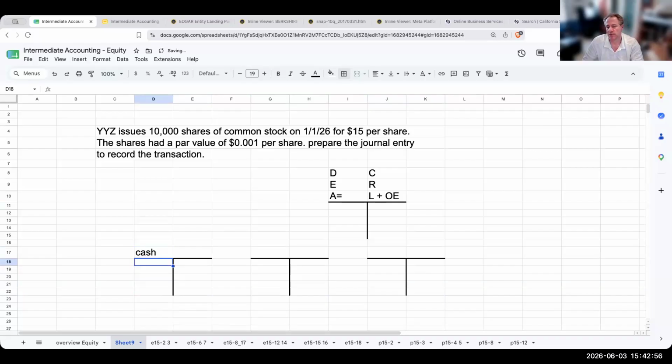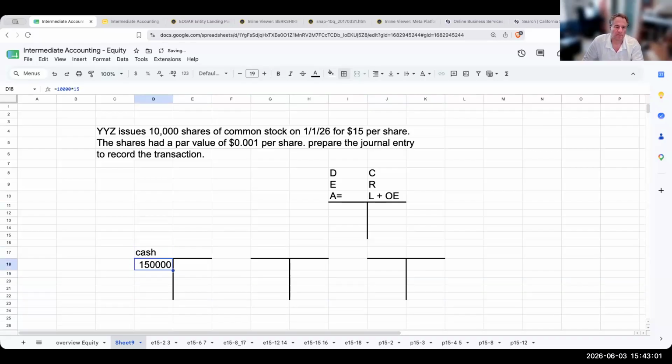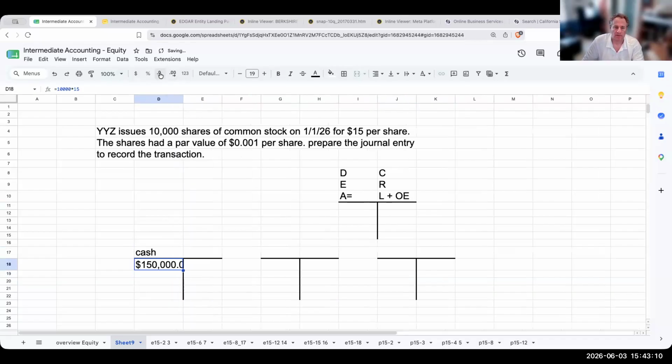And how much cash are we receiving? Well, it's going to be 10,000 times 15, or $150,000. That's how much cash we're receiving.